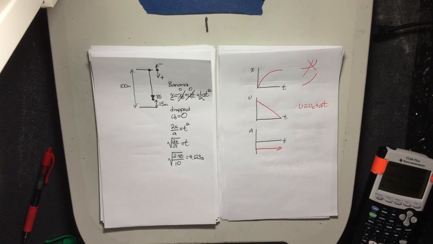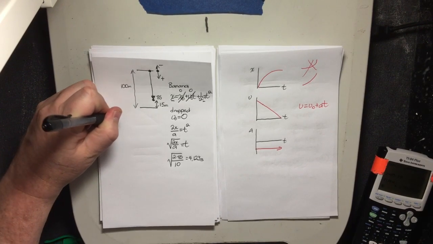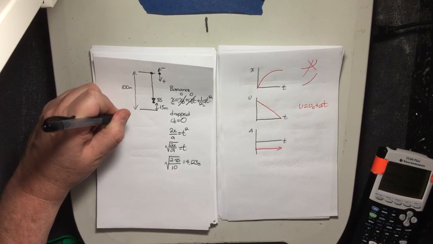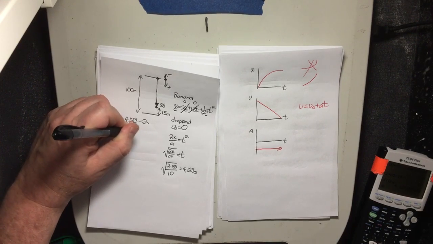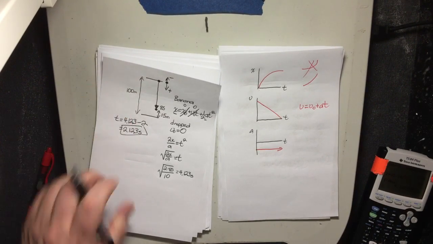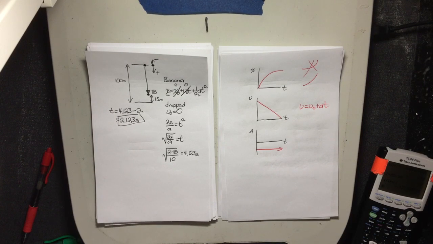And at 4.123 seconds, the banana was caught, which means she has only 4.123 minus 2 seconds to go after it. So the time that we have for the monkey to catch the banana is 2.123 seconds. You have to consider the fact that she waited.